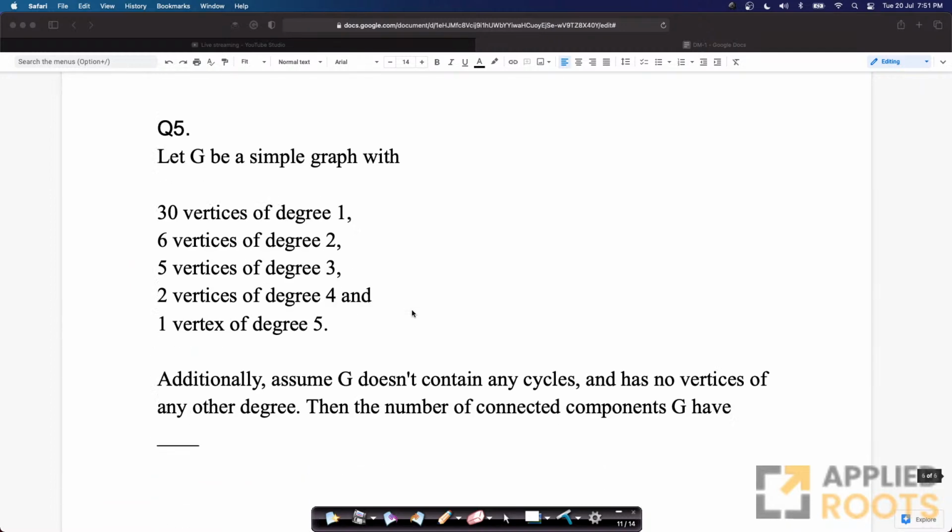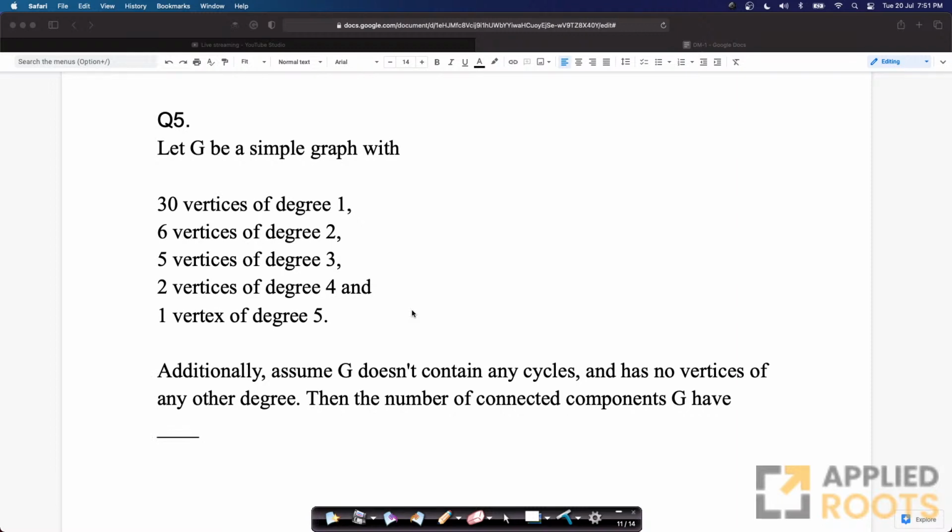Okay, cool. Here comes a very interesting question. Please read the question carefully. Please read this question very carefully. It's a nice question from graph theory. I'll take your general questions at the very end.